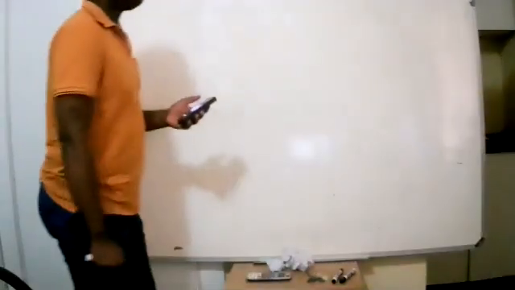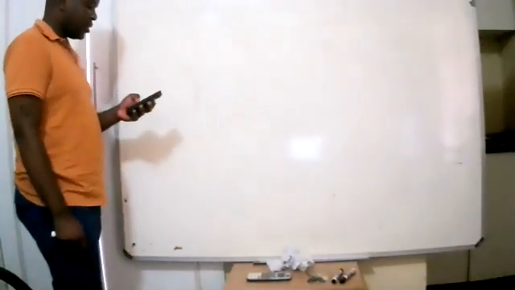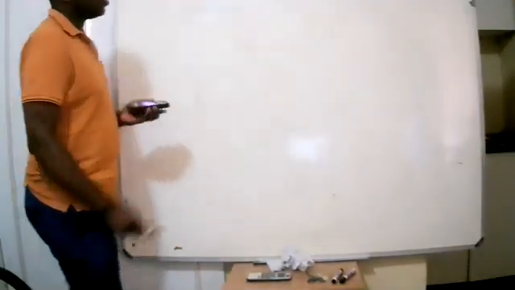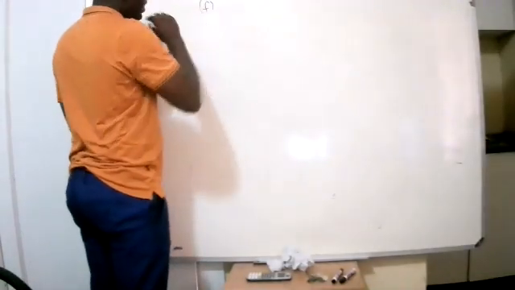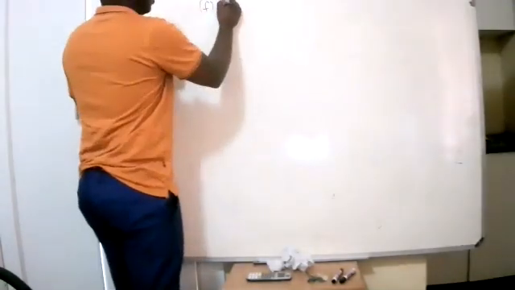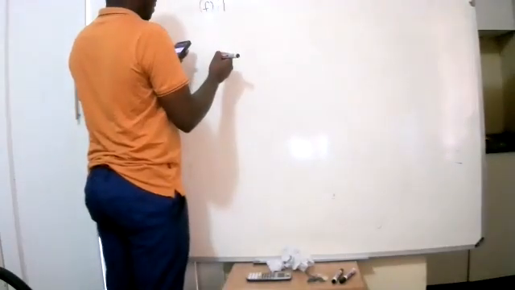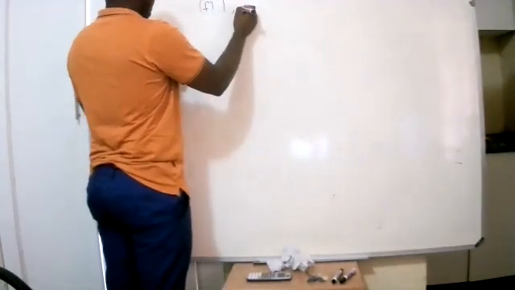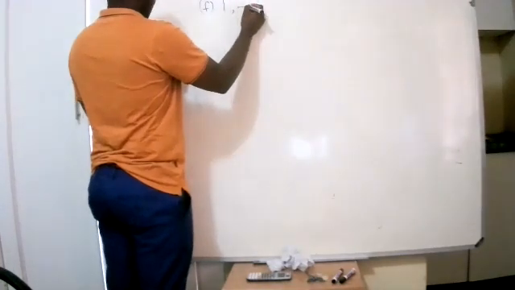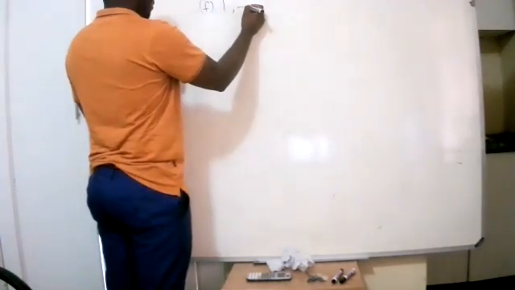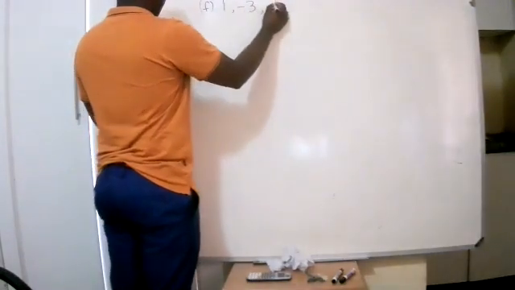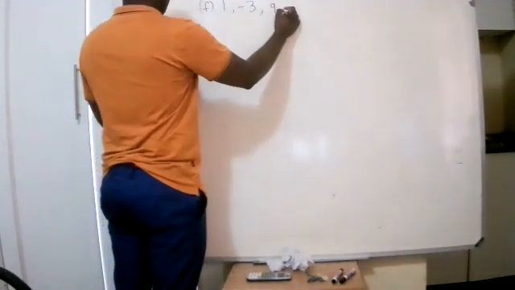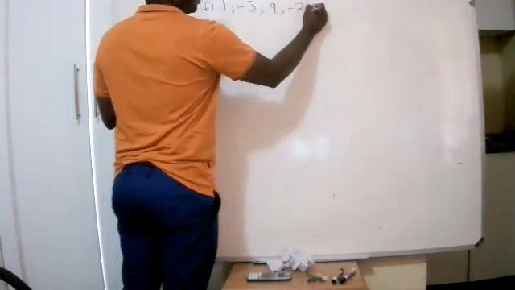But in the meantime, let's continue with our lesson. As I've said, we're going to continue on the questions we were doing yesterday. So we're going to start with question number F. We are given this pattern of 1, -3, 9, and -27.